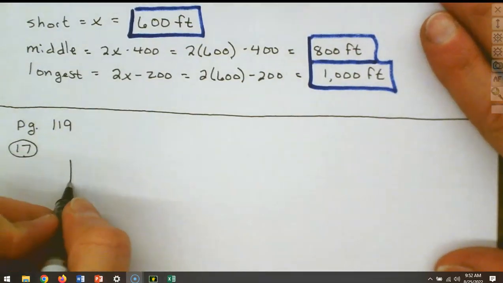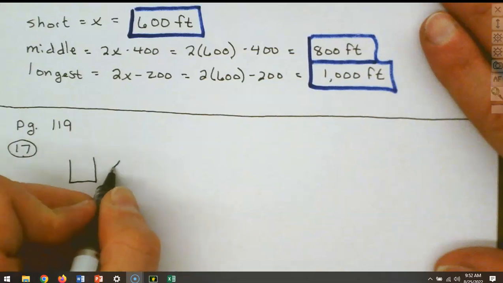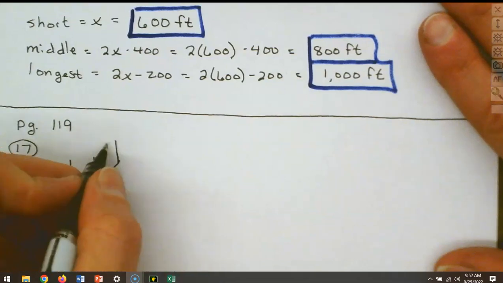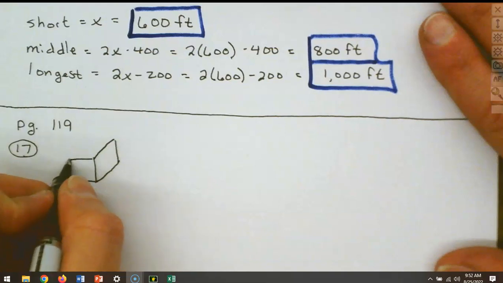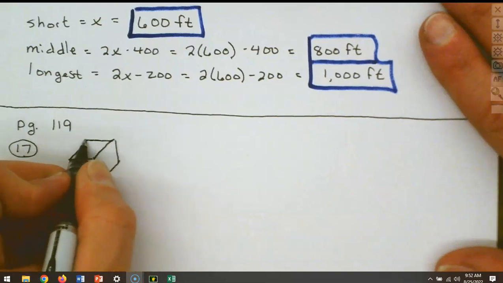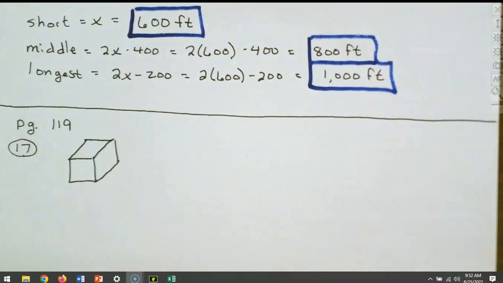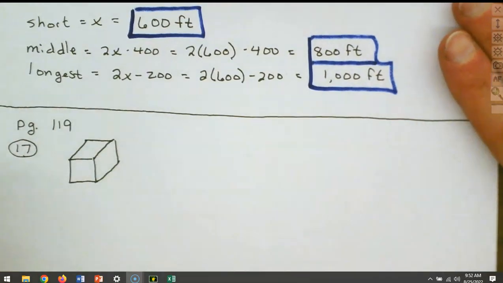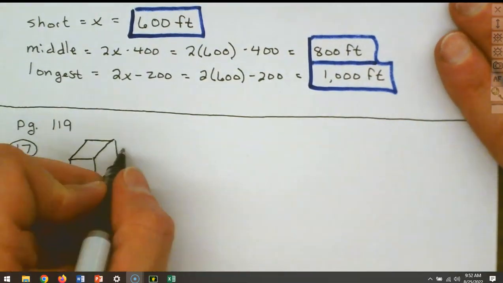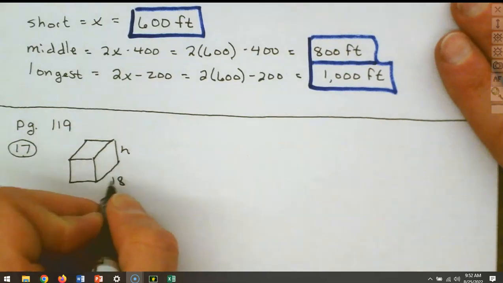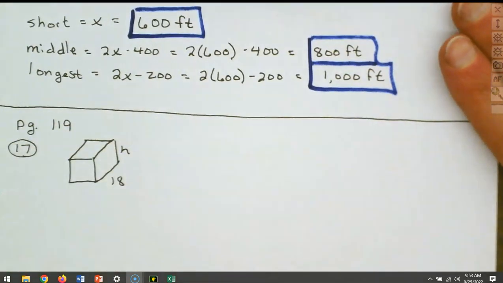So they give you this container, and we need to find the missing piece. And we know this container has a height of h, so that's unknown. It's 18 feet long, and it's 8 feet wide here.